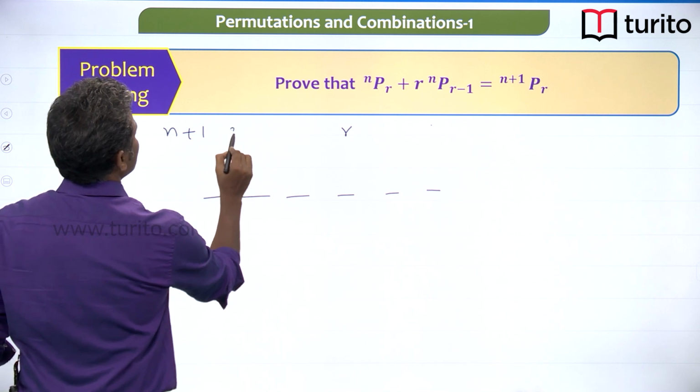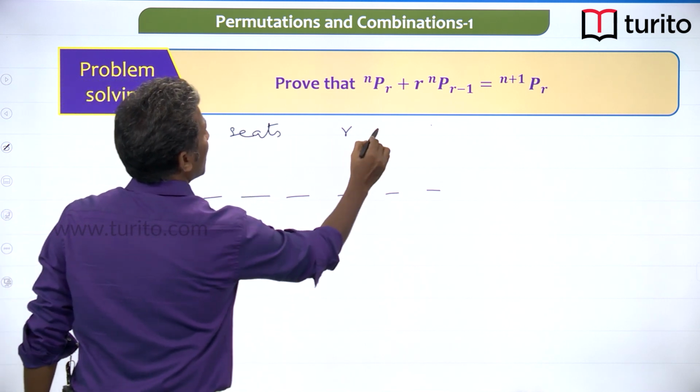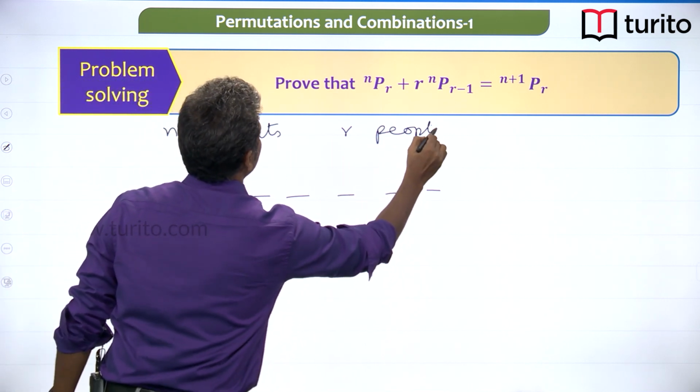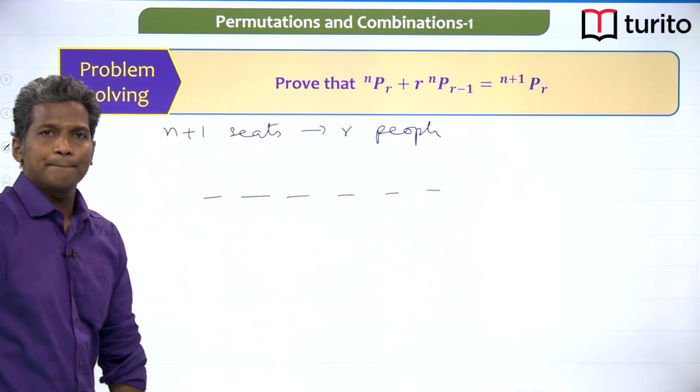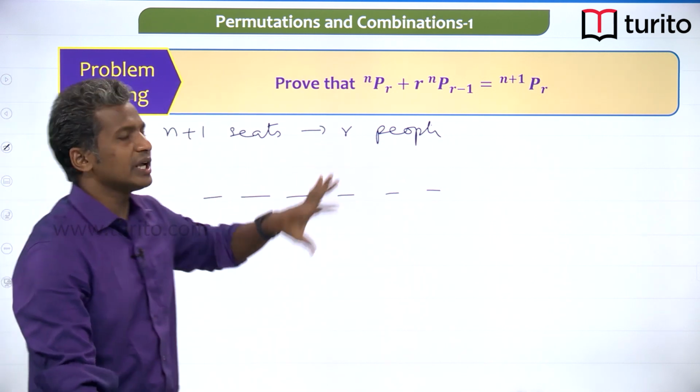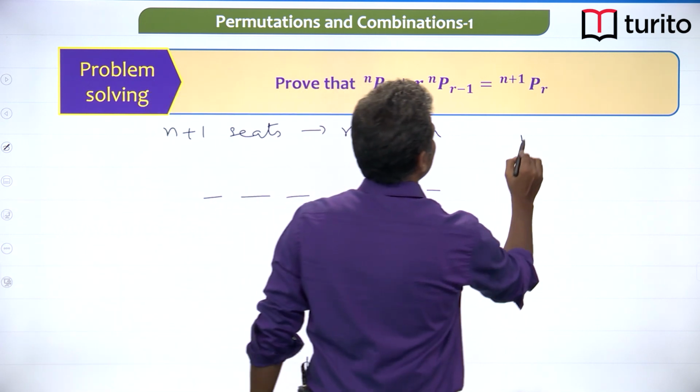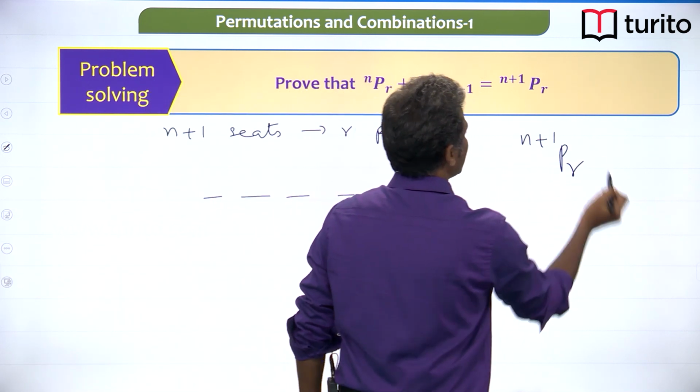Let us say there are n plus 1 seats and there are r people. Let me explain it this way. Now, in how many ways can you arrange them? In n plus 1 PR ways you can arrange them.